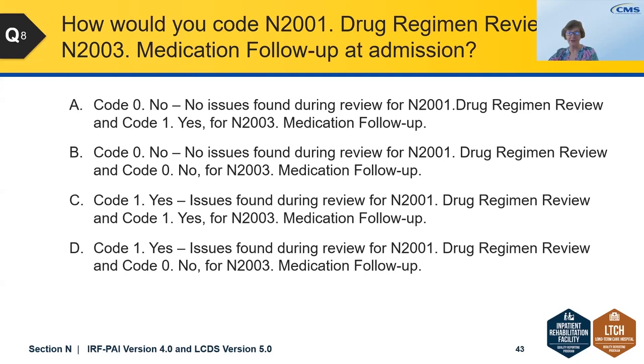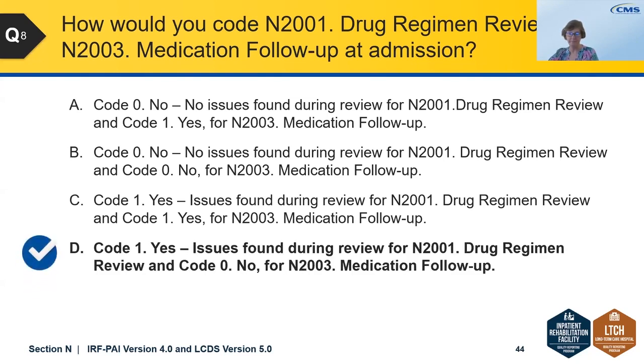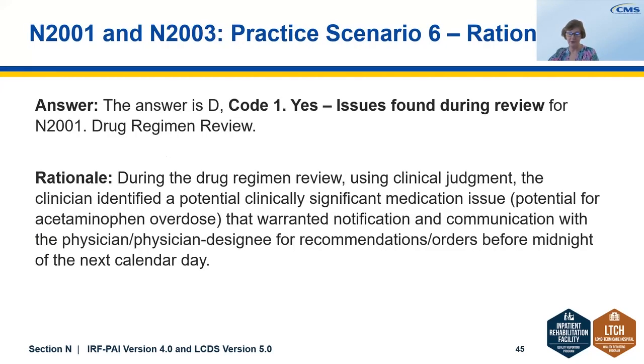And the answer is D. Issues found during the drug regimen review, and no for N2003. And the rationale is that, yes, there was a drug regimen review using clinical judgment.